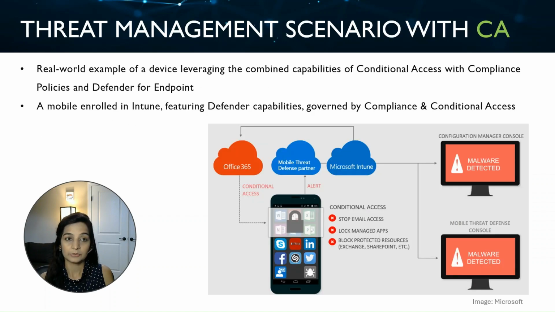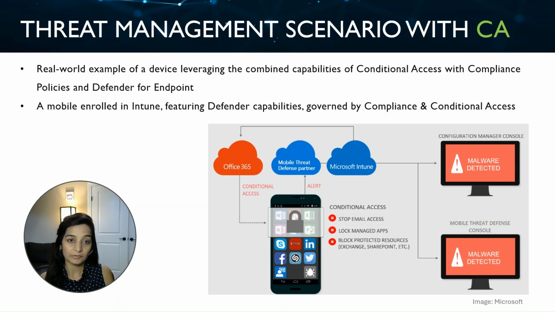Now let's look into a real-world scenario on a user's mobile device, which is infected with malware, and see how protection is implemented by leveraging together the capabilities of compliance policies in Intune, Defender for Endpoint, and most importantly, conditional access. Assume this user's phone that accesses company resources such as Word, Excel, Teams is compromised.